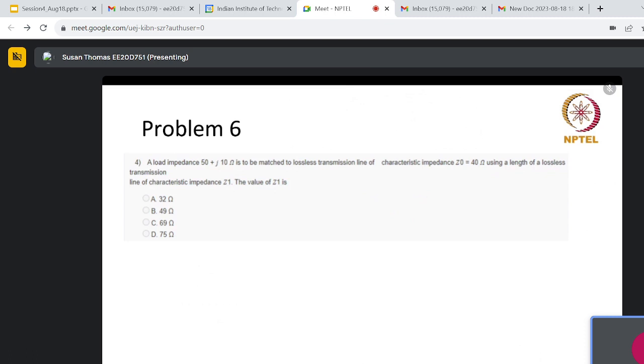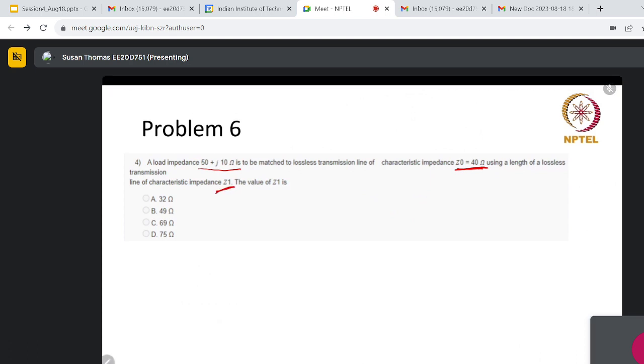So now let's move to another question. A load impedance is to be matched to a lossless transmission line of characteristic impedance 40 ohm using a length of a lossless transmission line of characteristic impedance Z1.